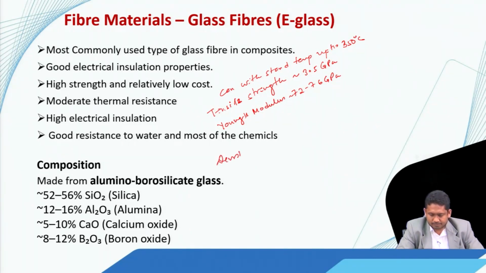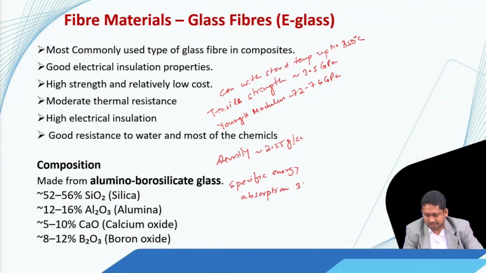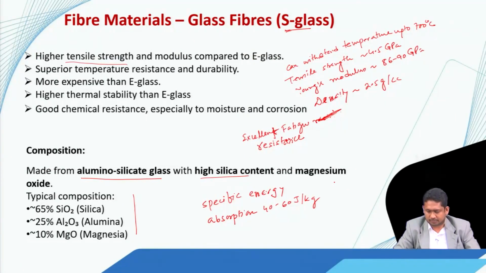Density is close to 2.55 gram per cc, and then they have good fatigue resistance and specific energy absorption generally lies between 30 to 50 kilojoule per kg. So there also the unit is kilojoule, not joule.